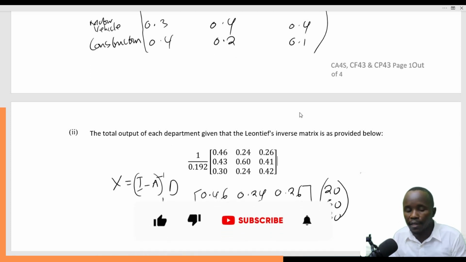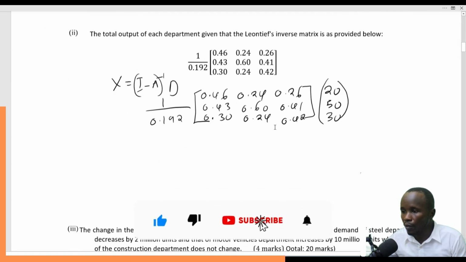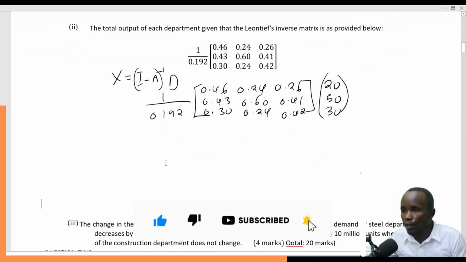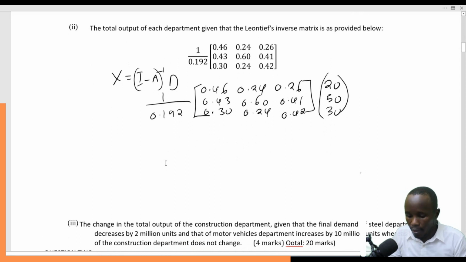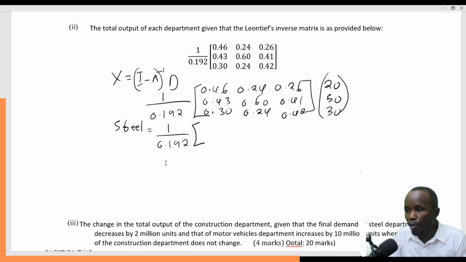So how do you multiply this? Let's first begin with steel. You shall have 1 over 0.192, and we multiply this matrix.